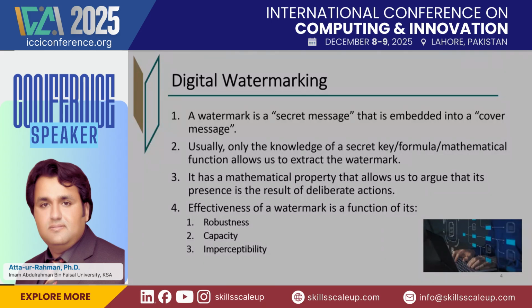So the secret message can be of any type of media, and the cover message can also be any type of media. Usually only the knowledge of a secret key, formula, or mathematical function allows us to extract the watermark at the receiver side. Before transmitting the media over some channel, the information on how to extract is usually available with the receiver in the form of some secret key, formula, or mathematical function.